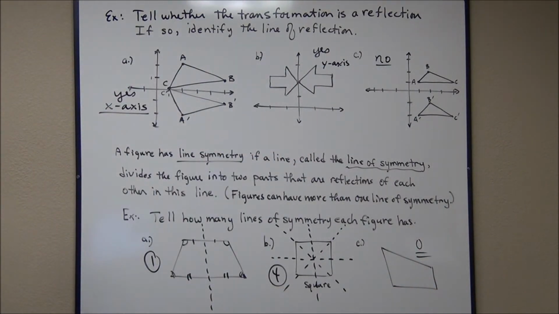Now these lines of symmetry are going to come into play later also in your geometry class. Now I've only described 2 types of transformations, the translation or the slide, and the reflection or the flip.